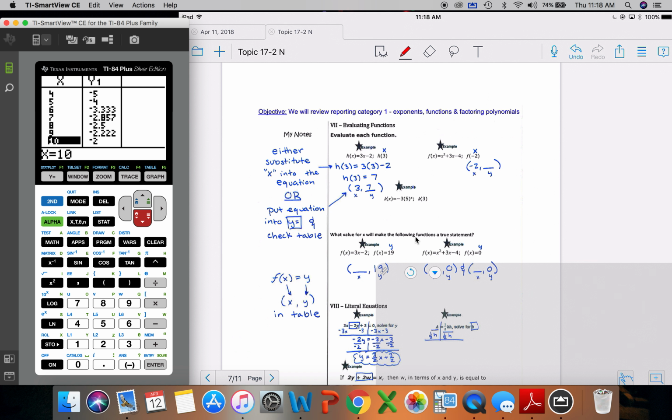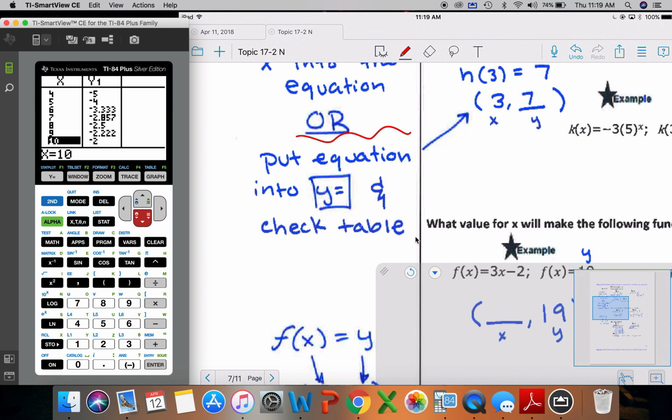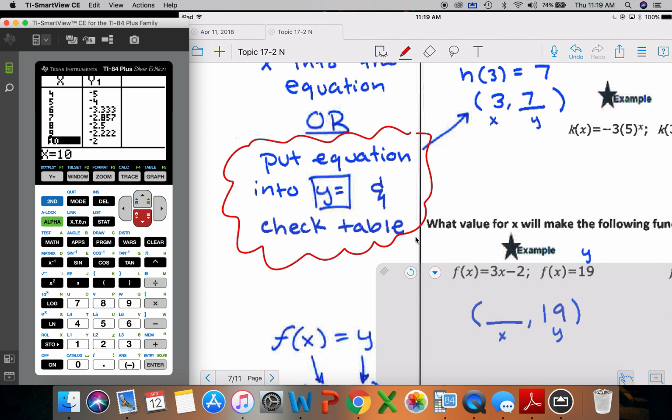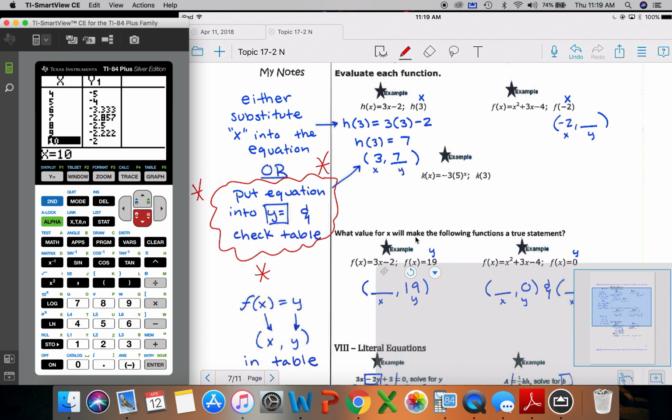So on this next page, we're looking at evaluating functions, not determining if it is a function, but being told, yes, it's a function, do something with it. So we have 2 options. We can either substitute x into the equation, or what I think is the easiest option, which is option 2, put the equation into y equals and check your table. That is usually the easiest option for us.